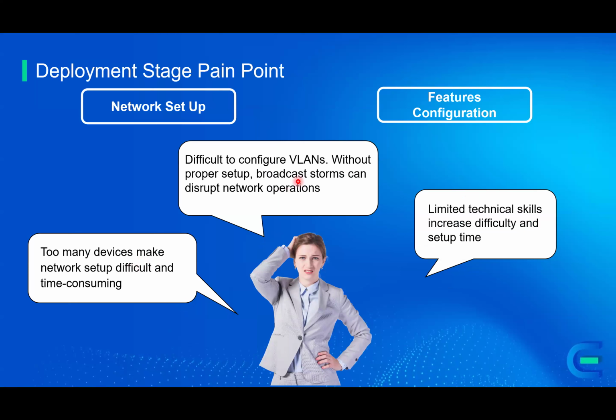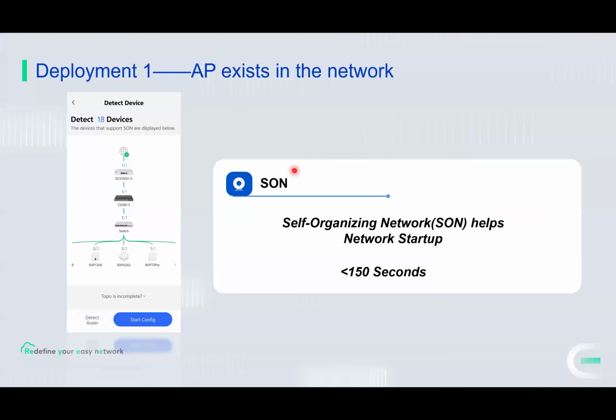And it's hard for our partners to configure the VLAN or more difficult features. But we can solve this problem by our app. For example, this is our self-organizing network feature, we call it SON. We can set up all the devices in about 3 minutes, no matter 1 unit, 100 units, or 1,000 units.